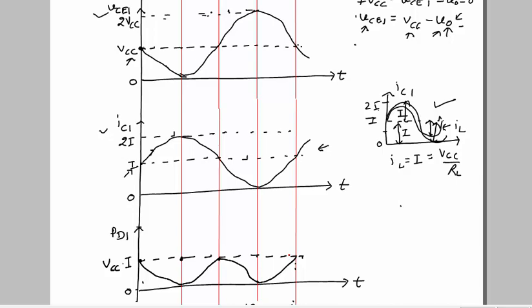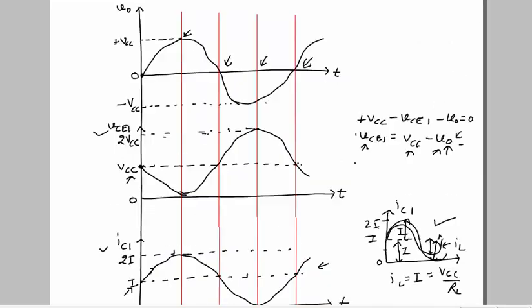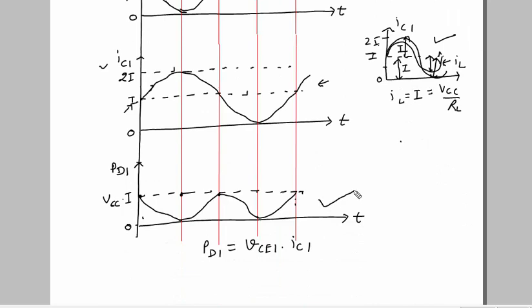From the waveform of power dissipation here, we can see that the maximum instantaneous power dissipation in Q1 is VCC into I. Q1 dissipates the largest amount of power when V0 equals 0.